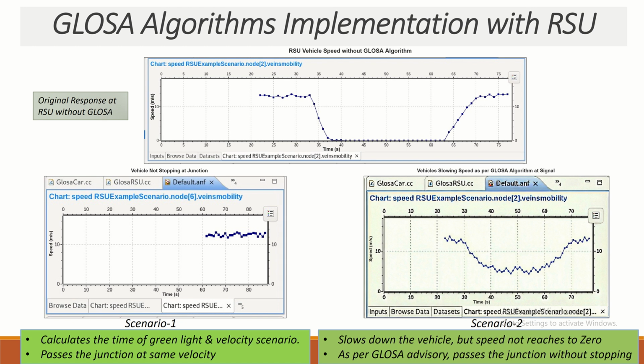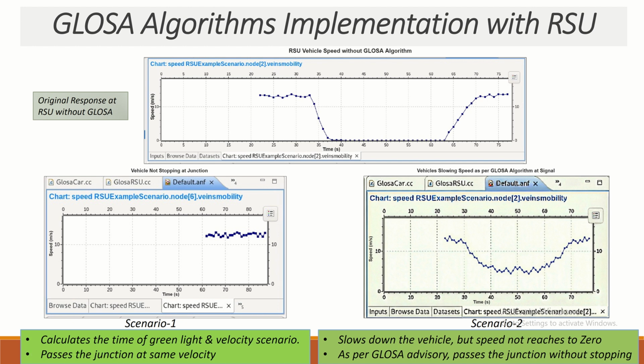The vehicle maintains a high speed until it gets close to the intersection. When it comes close to the signal, it is forced to brake hard and come to a complete stop, with its speed reduced to zero, and wait for the green light. After the light turns green, it has to accelerate from a standstill to regain its original speed.